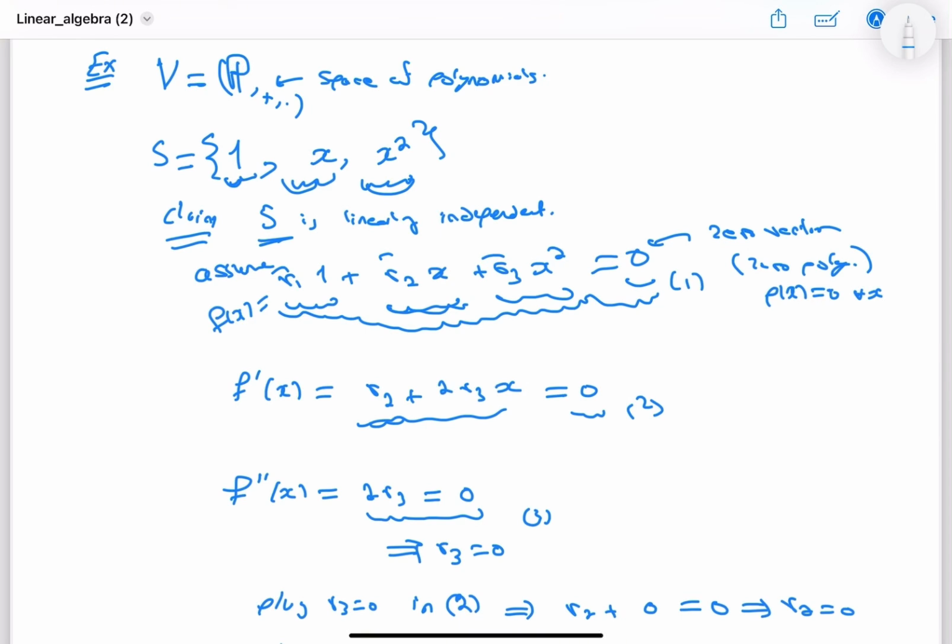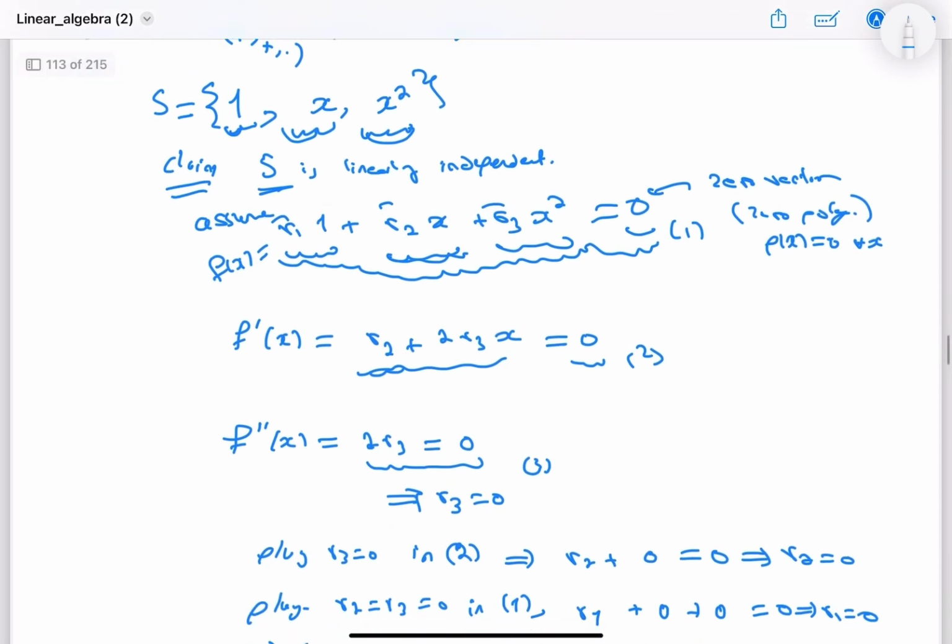This can't happen because, from the fundamental theorem of algebra, a polynomial has only a finite number of roots. Anyways, I don't want to make this too complicated, but long story short, a polynomial cannot be 0 for every x without it being the 0 polynomial. And here I was proving to you that this must be the 0 polynomial.